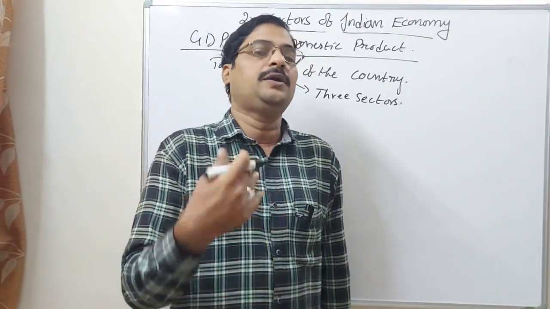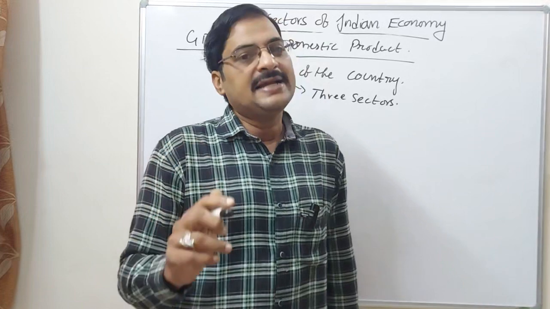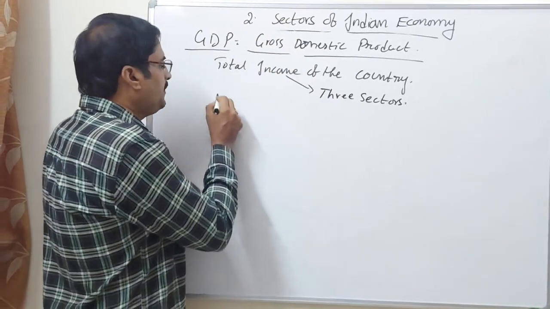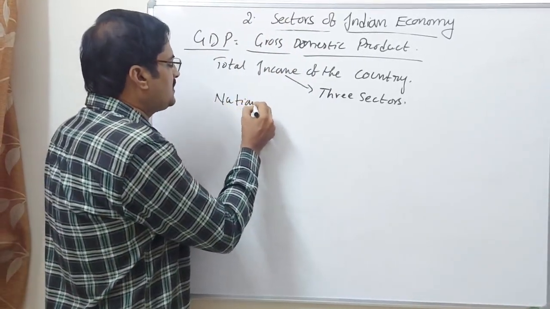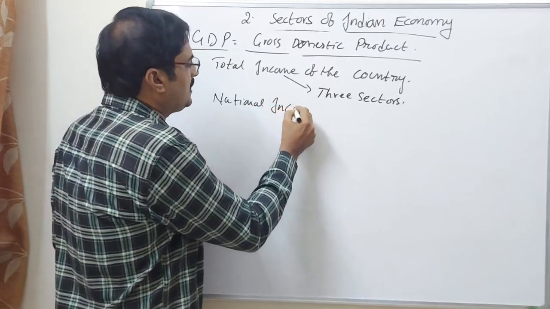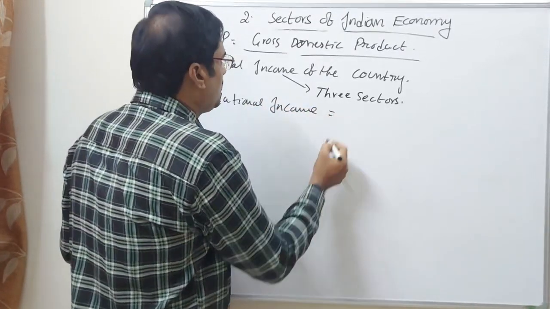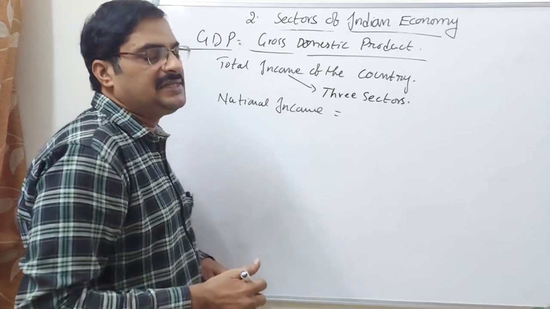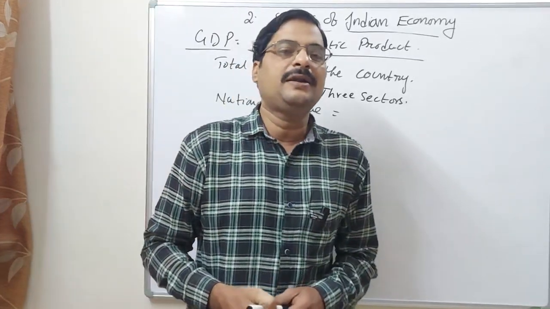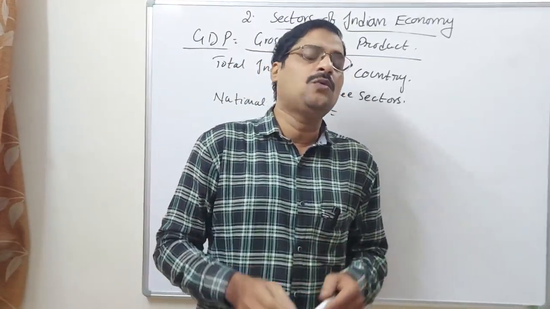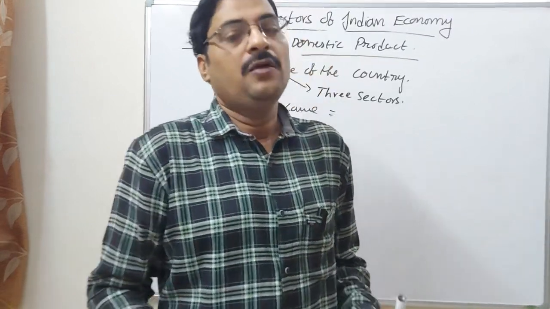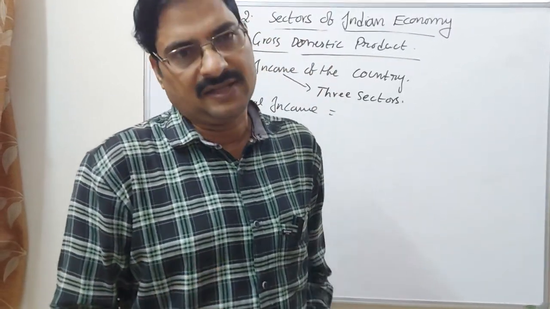But if you want to change it to national income, what is the meaning of national income? National income will be calculated differently. There is some difference between national income and GDP. GDP is only the gross domestic product, which is the total value of the three sectors.